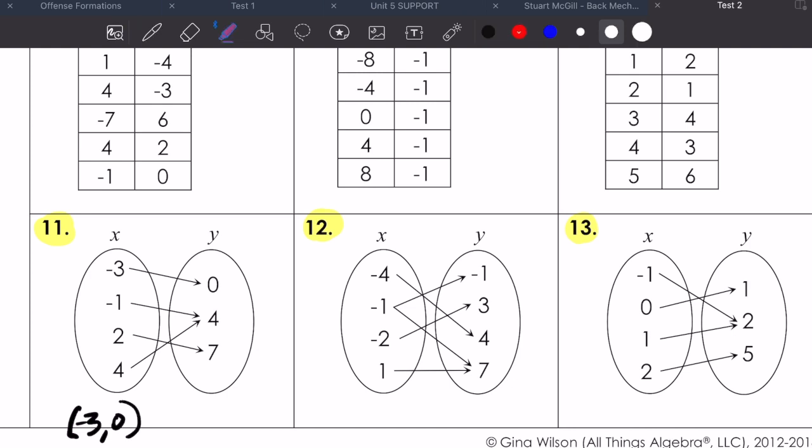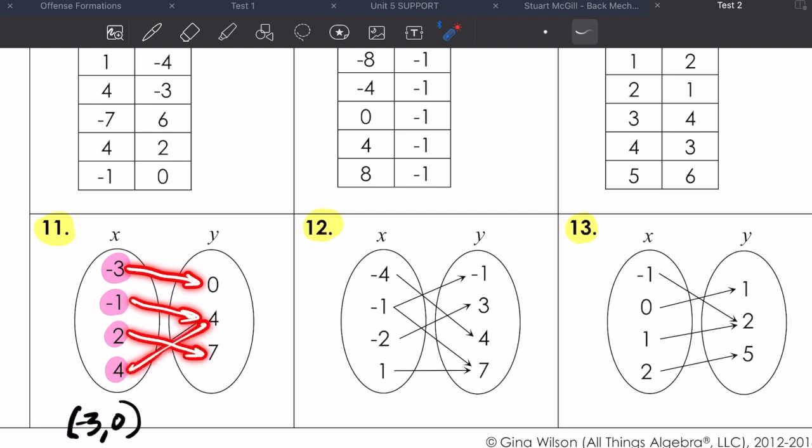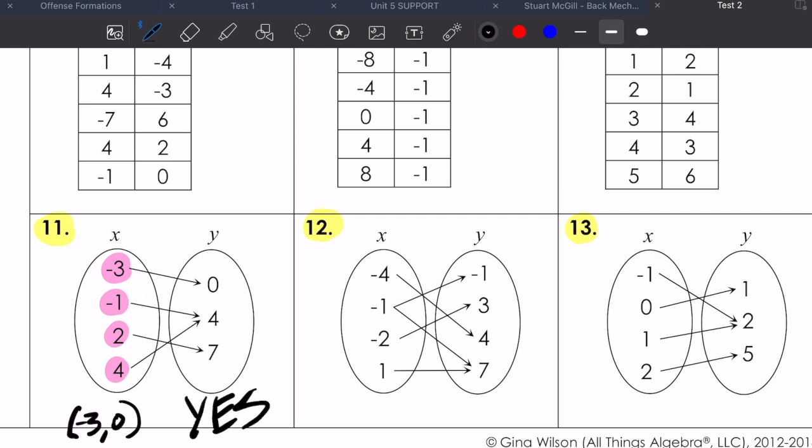Sweet. So all of my x values are those in the domain on the left, which are -3, 1, 2, and 4. And out of each of those, there is exactly one output. See how each one of them only has one output coming out of it? That's easy. That means, yes, this is a function.